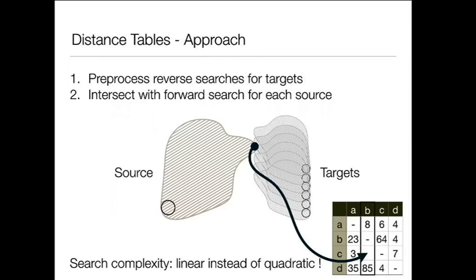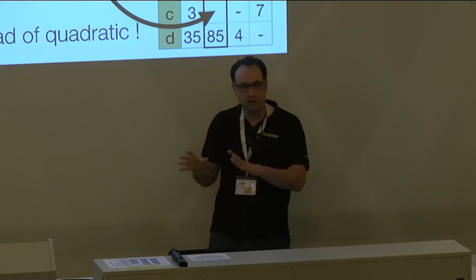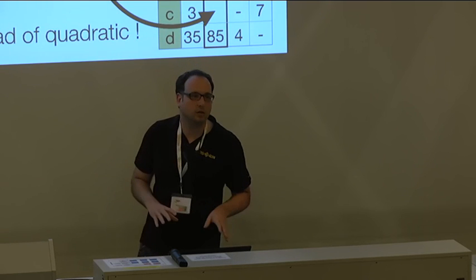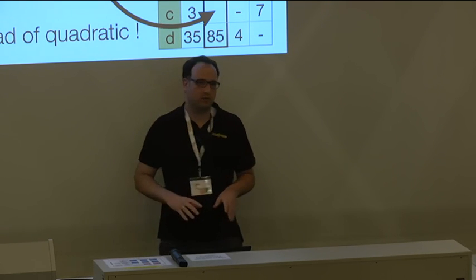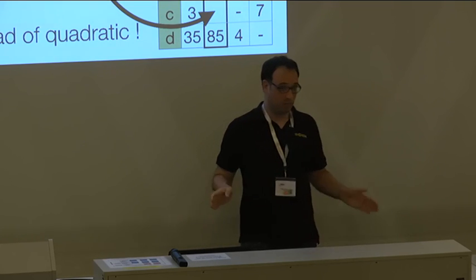So it's something like a repeated many-to-one problem. And the search complexity becomes linear. So if we have like 100 locations and want the pairwise distances, we don't have to do like 10,000 lookups anymore, but we have to do 200, right? 100 for the target locations, 100 for the source locations. And this is an entirely different ballpark.